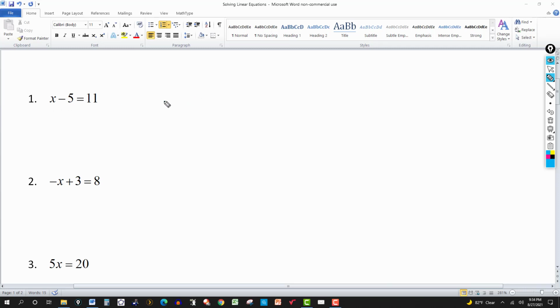Based on what we did, you should have noted that if I take a term or a number to the other side of the equation, it changes the sign. So I want the x's on one side, so I don't want the -5 here. So take it over to the other side. That's legal. Just change the sign opposite of what it is. It's -5. When we take it over, it becomes +5. So x is equal to 16, which is what we got earlier.